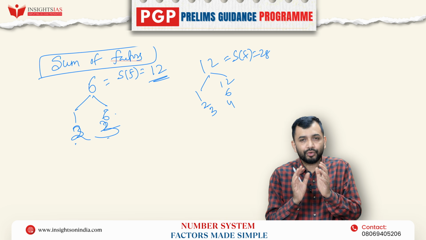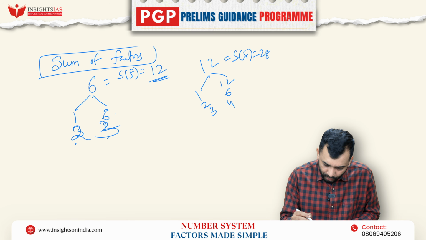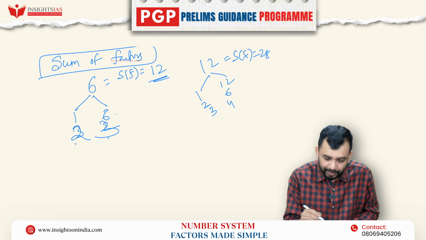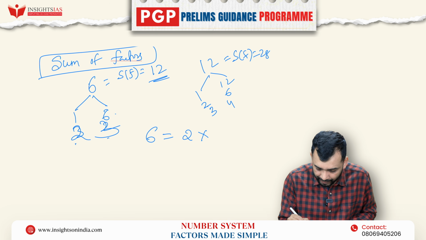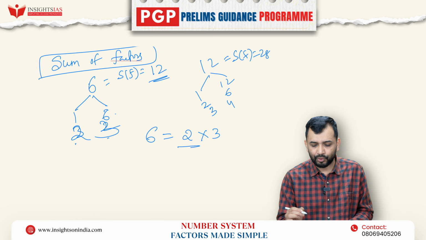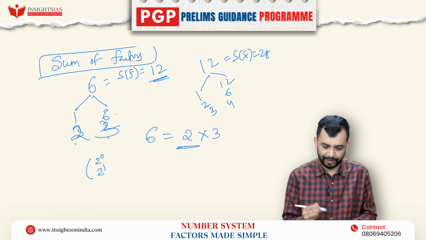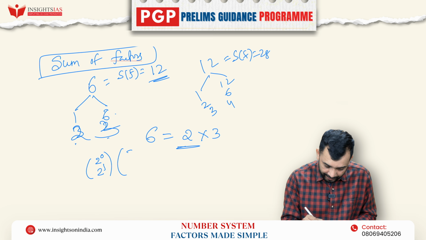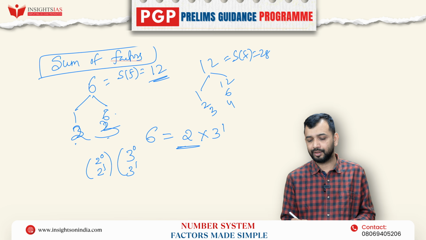Right? So now if you understand all this, I will directly share the shortcut again. First, write the number in prime factors. How will you write 6? 6 can be written as 2 into 3. Now, as I told you, 2 can be expanded as 2 to the power of 0, 2 to the power of 1. How can 3 be expanded? Since 3 to the power of 1 is there, 3 to the power of 0, 3 to the power of 1.